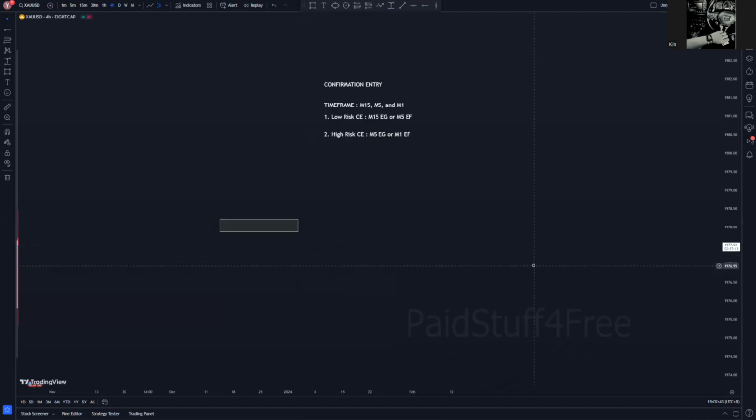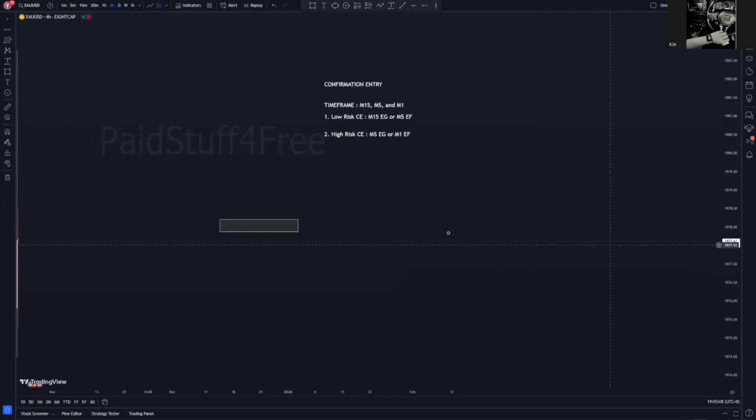Do you recommend to take trades from both high risk and low risk? Yeah, for starters, for those of you who just learned about this and want to experience the market, want to experience all the buys and all the sells, use both, low risk and high risk confirmation entry.